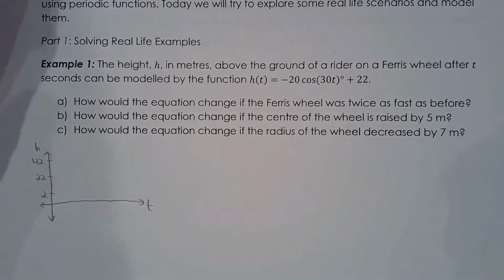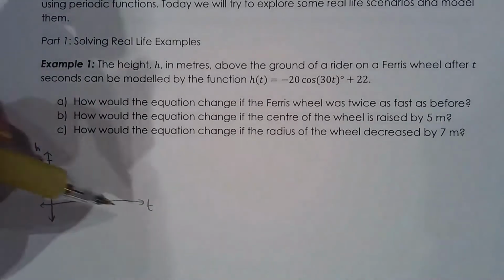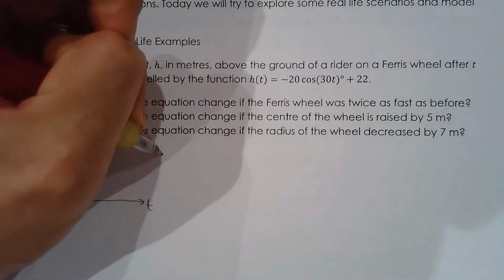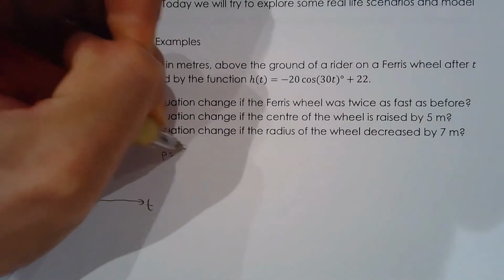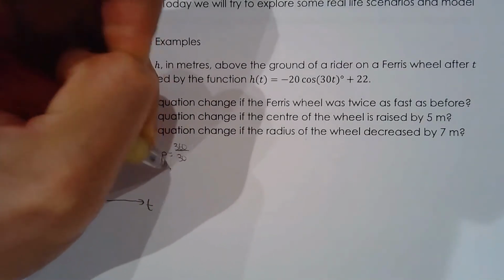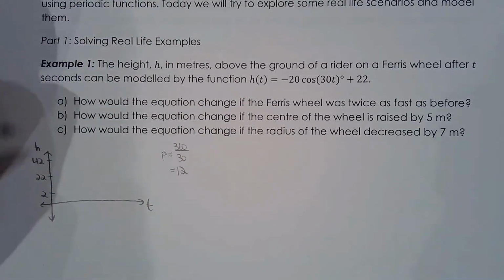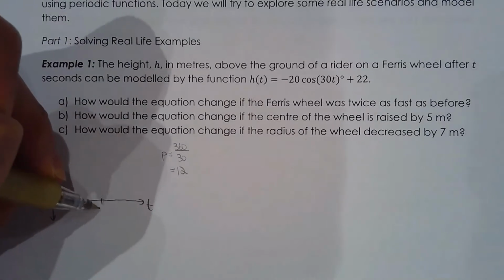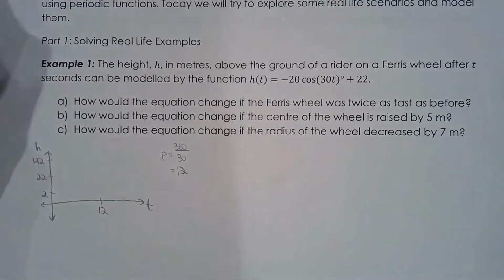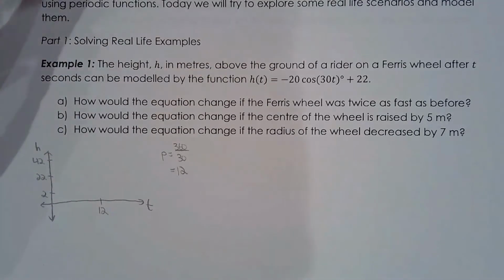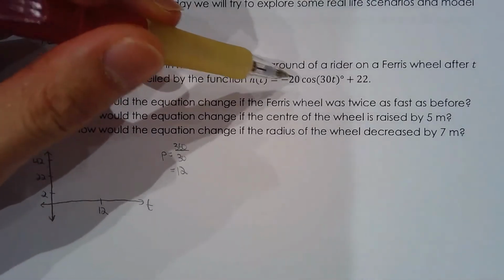And for the horizontal axis, it would be really helpful to know the period. So the period is 360 over k, which in this case is 30. So the period is 12. So what we have is a very fast Ferris wheel. It's going to start at the bottom of the Ferris wheel because we're working with a cosine that's been reflected across the x-axis.